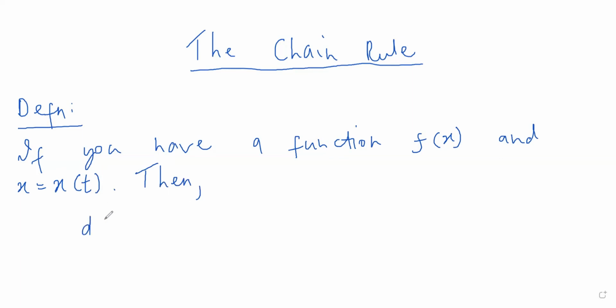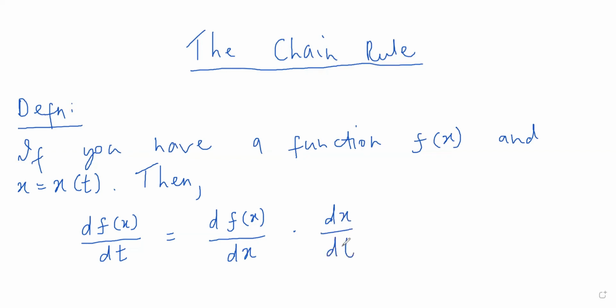Then the derivative of the function f of x with respect to the variable t is equal to the derivative of the function f of x with respect to the variable x multiplied by the derivative of x with respect to t. So that is basically the definition of the chain rule.